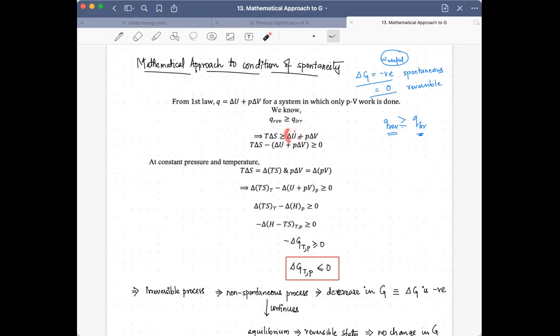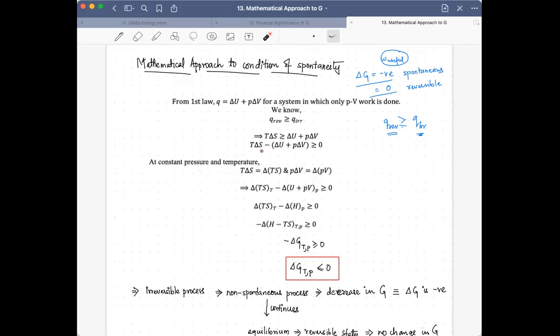Now if we bring this whole term to this side, it becomes T delta S minus (delta U plus P delta V) greater than or equal to 0. Here we don't have anything on the other side, so I have simply written 0. Now if we consider the process to be happening at constant pressure and temperature, we can write T delta S as delta TS, and similarly P delta V as delta PV, because P is constant. Whether we keep it inside or outside the delta sign doesn't matter.